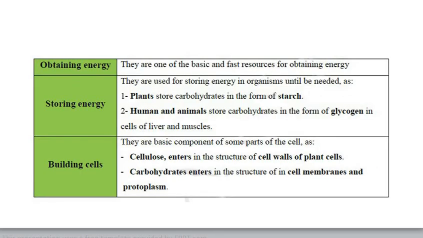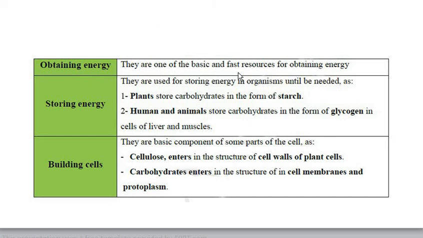Here we are talking about the importance of carbohydrates. They store energy for the body, and store energy inside the plant in the form of starch, and store food for humans and animals in the form of glycogen inside the muscle and liver, as we talked about before. It's also a fast source of energy.